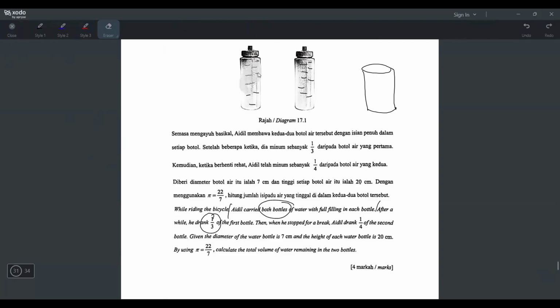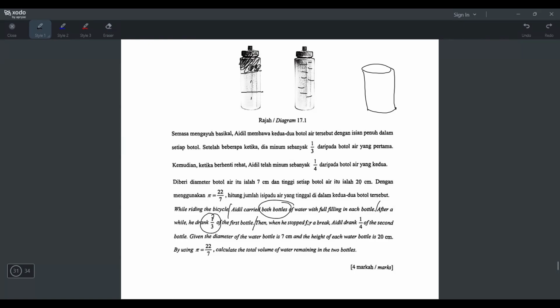Okay, how can I explain this? So first bottle, 1/3, he drank it already. So let's cut this bottle into 3 portions. And what happens? He drank the 1/3, right? 1/3 is like this. So he drank 1/3 of the portion. So now the bottle is not full already. It's left with 2/3 only, the remaining.